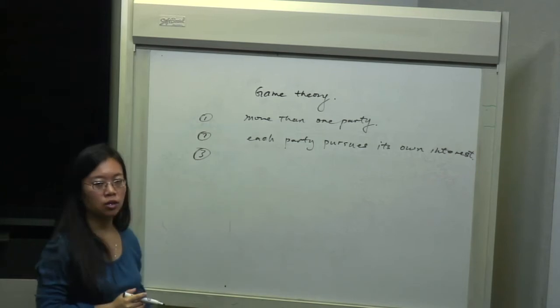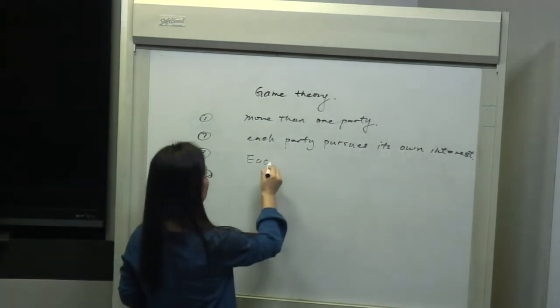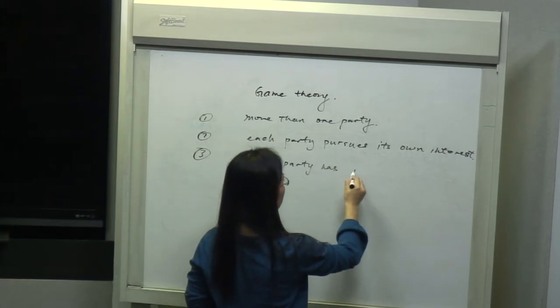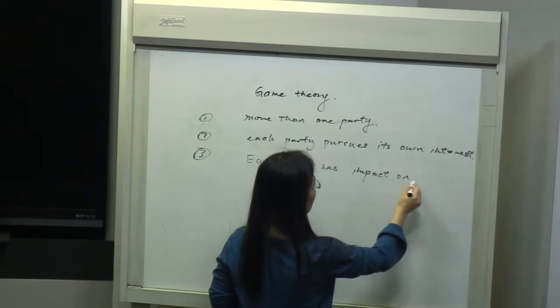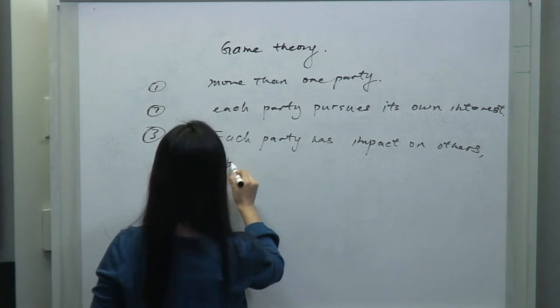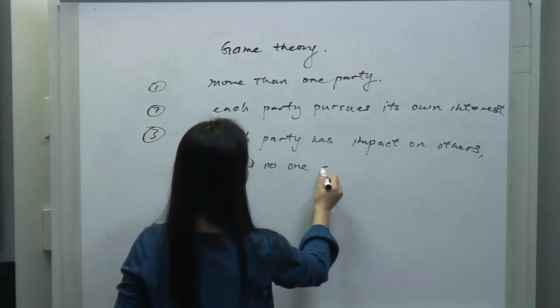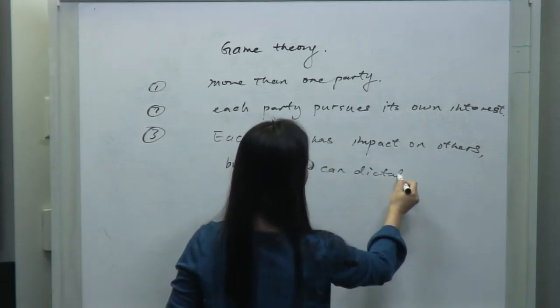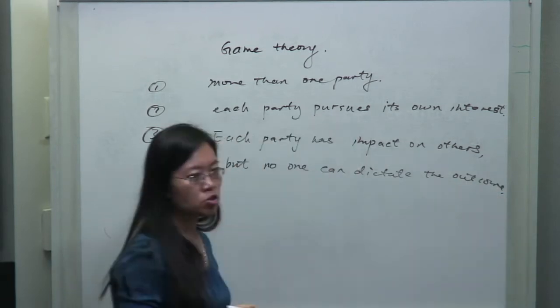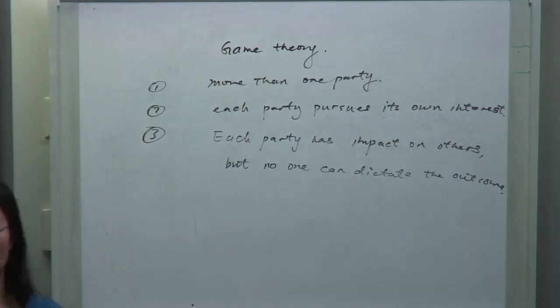And the third one is each party's action has impact on others, but no one can dictate the outcome. So everyone's action is going to have impact on the other players, but no one can dictate the outcome. As long as those conditions are satisfied, then we can use game theory to analyze.